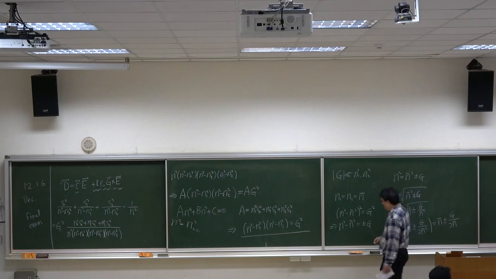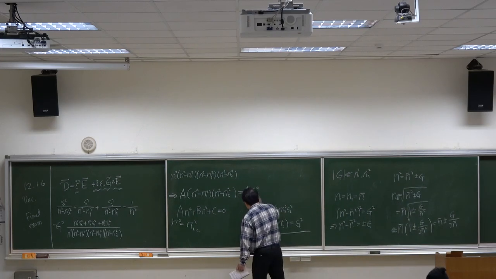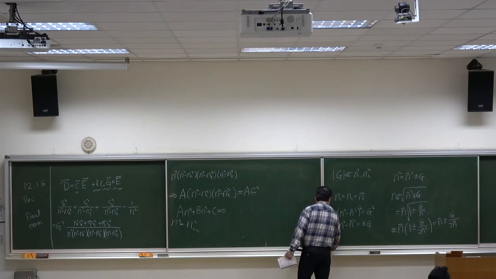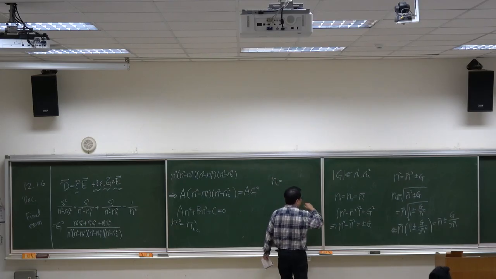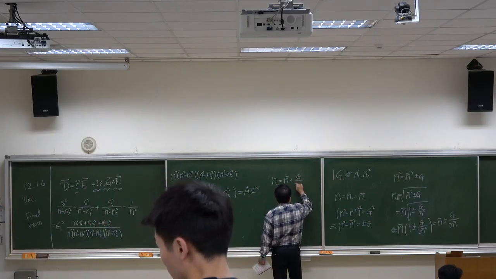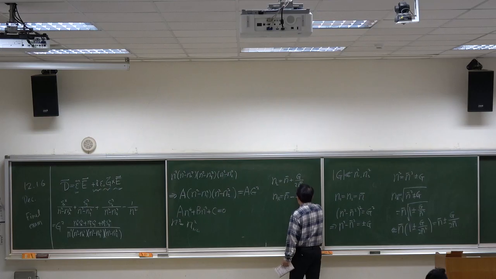So this means that we say nL equal to n bar plus g over 2 n bar and nR equal to n bar minus g over 2 n bar.